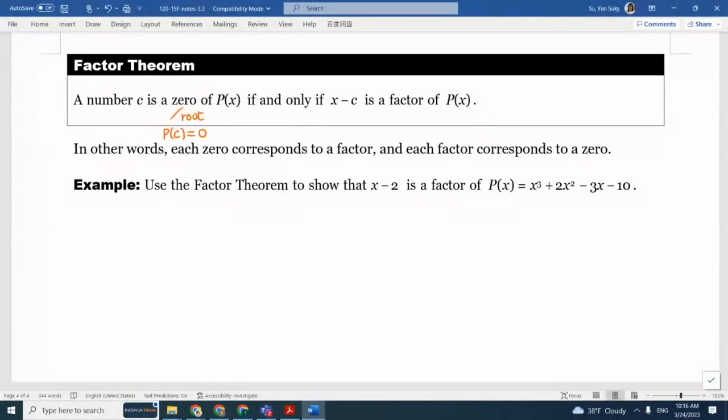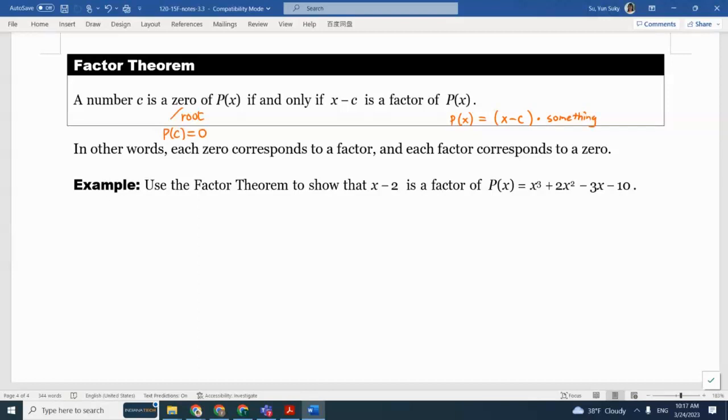Okay, we plug in c into P of x, we get 0, if and only if x minus c is a factor of P of x. Okay, which means P of x equals x minus c times something.